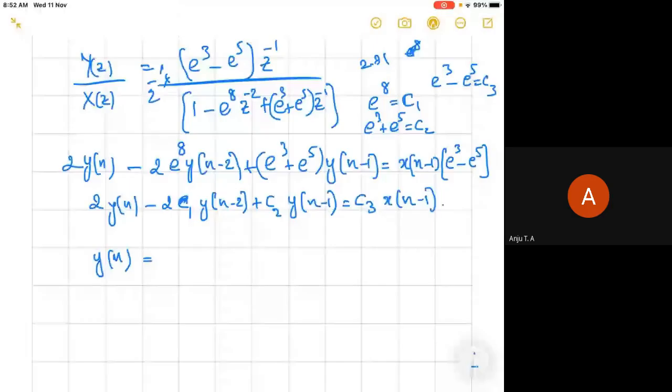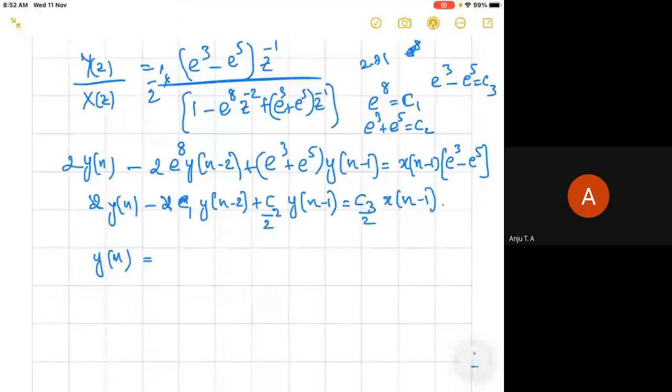When you go for implementation, divide everything by 2, so this becomes c2 by 2, 2 by 2. So yn is basically minus c2 by 2 yn minus 1 plus c1 yn minus 2 plus c3 by 2 xn minus 1.